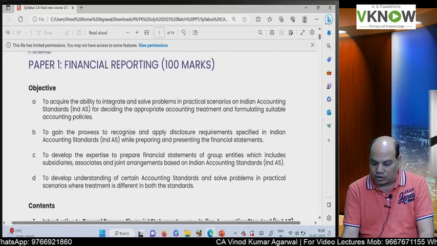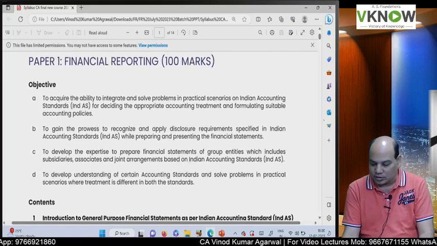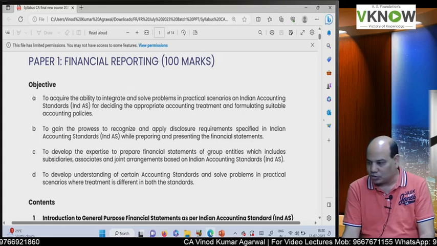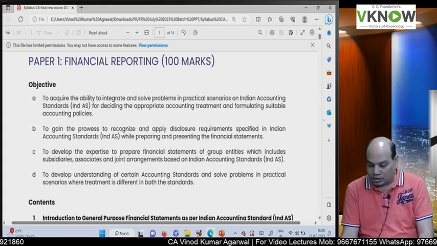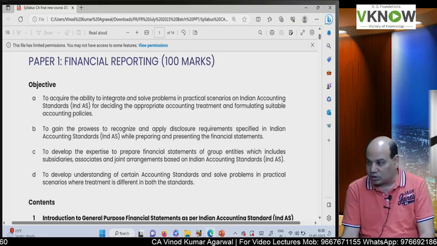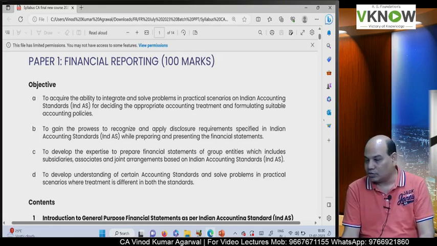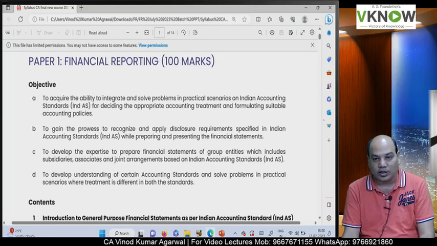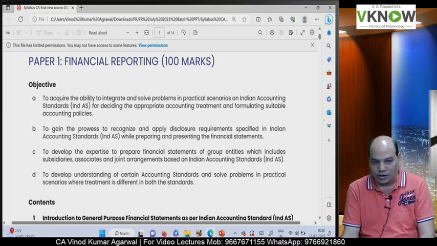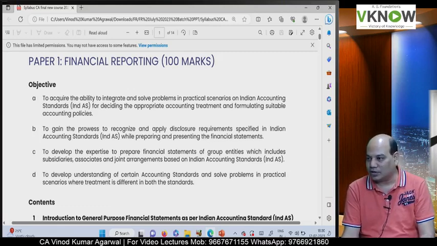If you look at the objective of this FR syllabus, this is taken from the institute website only, you have to understand the application of Indian accounting standards. So the focus of the syllabus would be Indian accounting standards, which in short we call Ind AS. That is the Indian version of IFRS.